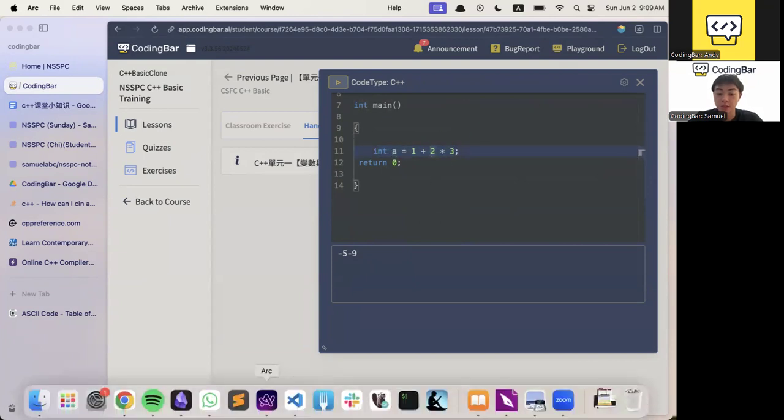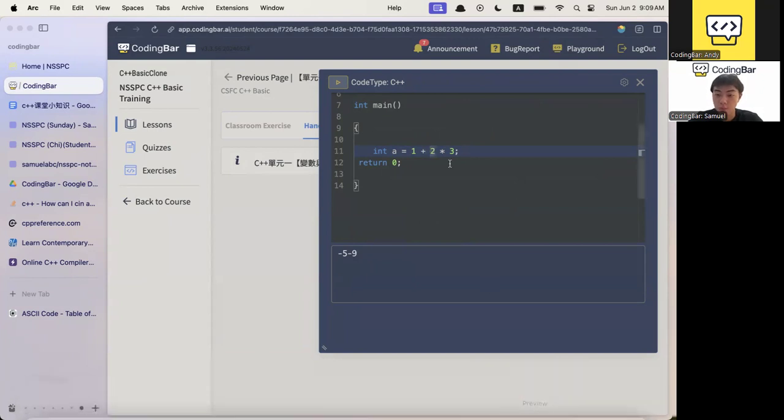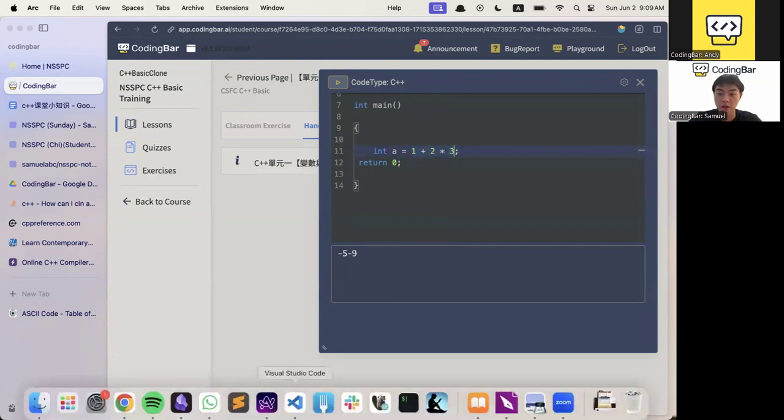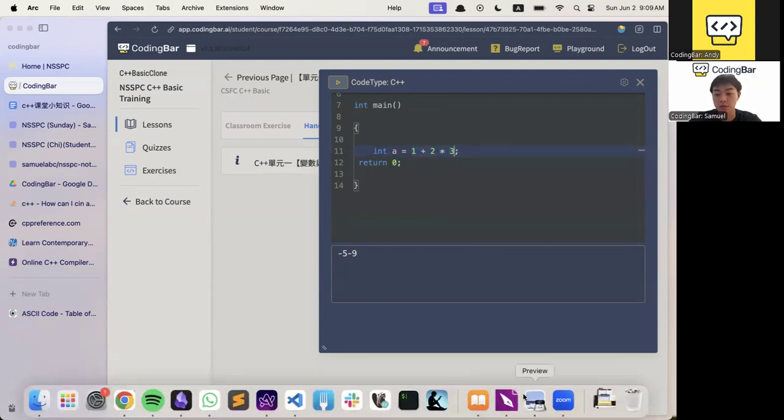Based on the priority of the precedence, times has higher precedence than plus. So we do 2 times 3 first. This 2 times 3 is 6, and then we plus 1. So this makes a 7. This is the same as mathematical expression.